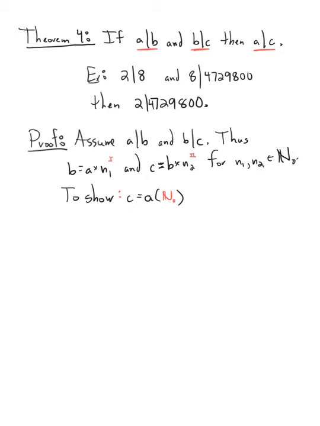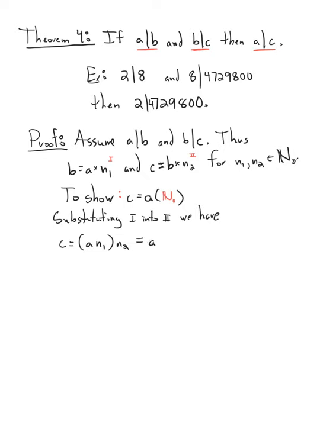All right, so substituting 1 into 2, we have that C equals, well, B is A times n1. B equals A times n1, so here's my B, so I can replace that by A times n1, and then I have it times n2. So this is B times n2. And then let me just re-bracket this.